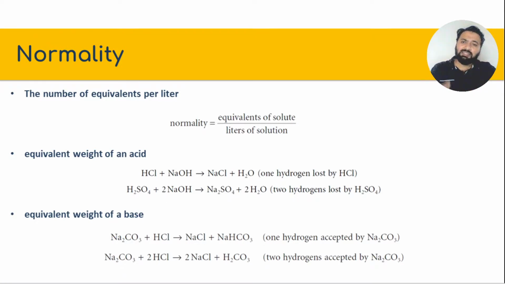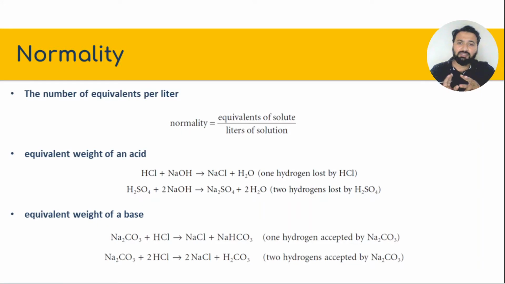While when the equivalent weight is different, meaning other than 1, that is 2 or 3 or 4, then the molecular weight is divided by 2, 3 or 4. That gives the equivalent weight, and that is dissolved in 1 liter of the solution. That gives the normality.